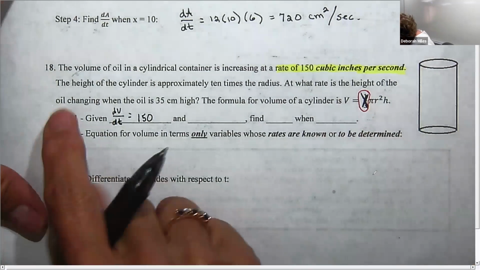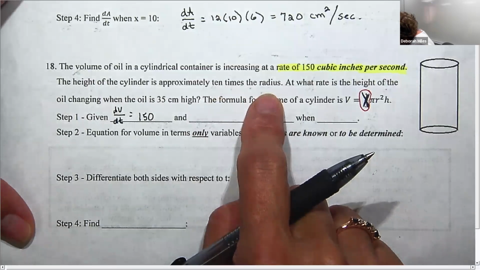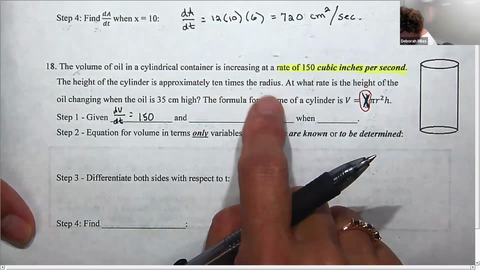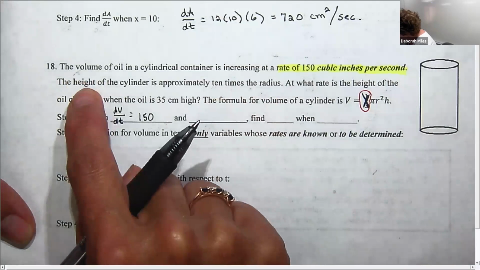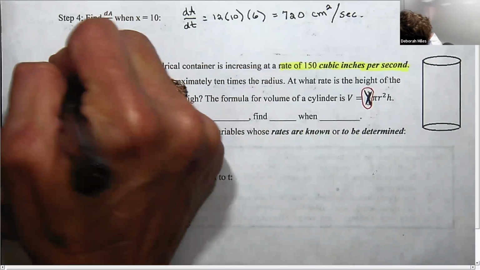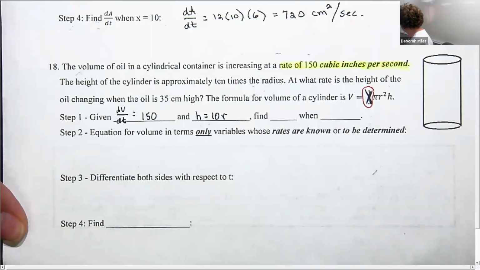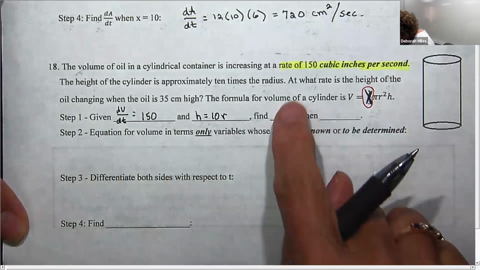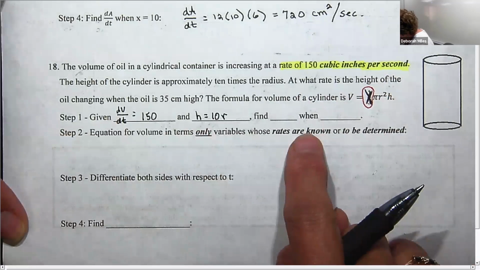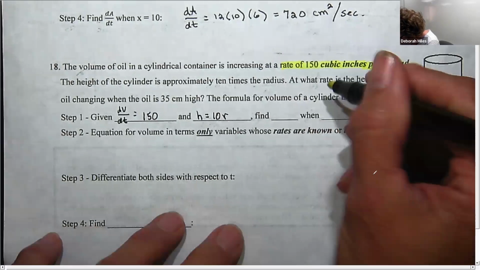What else am I given? The height is approximately 10 times the radius. How could you write that symbolically? H equals 10R. So that's what this sentence is telling me. At what rate is the height of the oil changing? That means find what? It's asking for a rate, so it's something over dt.